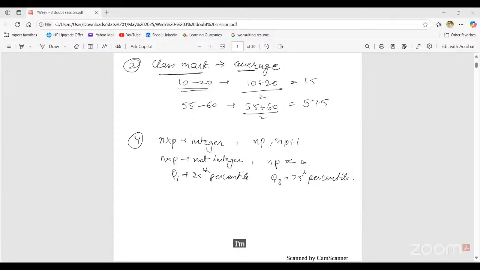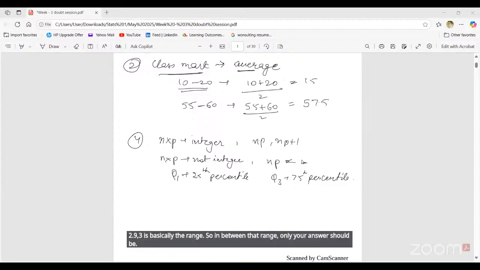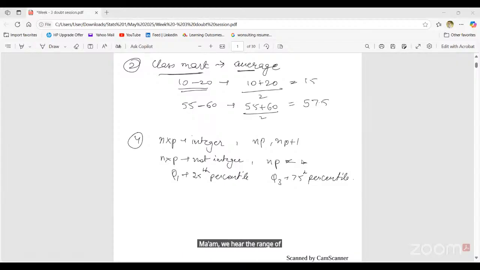Here I have calculated and I got 206.6. But it's showing wrong answer because the answer is 2.9, 3. How did it get that? 2.9, 3 is basically the range. So your answer should be in between that range. Ma'am, here the range of the rating or the number of people, like frequency.